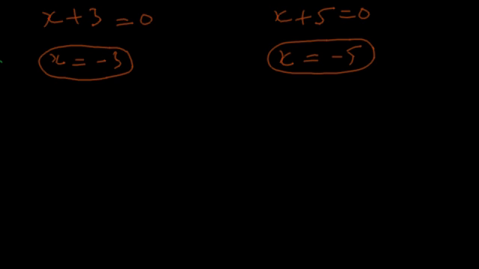And so let's try to put that on a set of axes just to help you visualize how this parabola is going to look. And let's use a couple of different colors here. So let's put negative 3 and negative 5 on our graph, and let's make this negative 3, and this is negative 5.